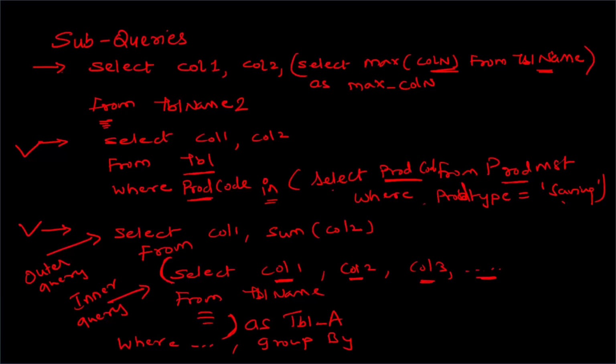Another approach of writing this subquery is common table expression. So what we do in common table expression, this part of the query, we will just move out and I'll show it on the next slide.